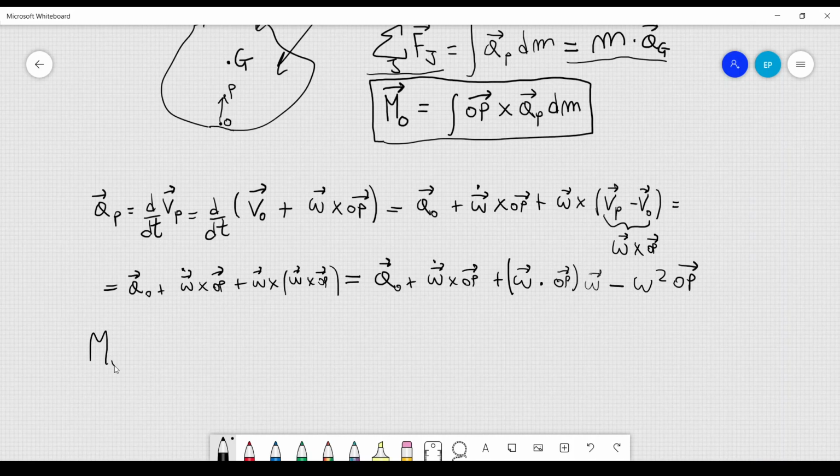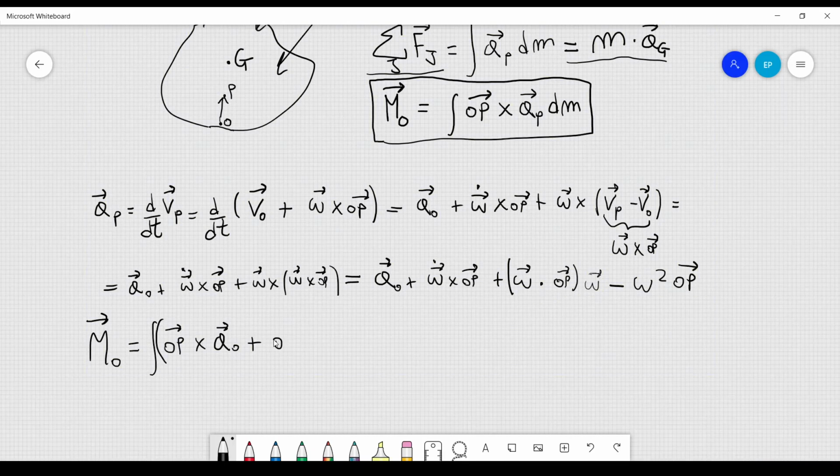So the total moment with respect to the point O can be rewritten as integral OP cross product AO. I'm substituting this expression here, remember. Then I have plus OP cross this, and I can use a similar formula to the one that I've used here.